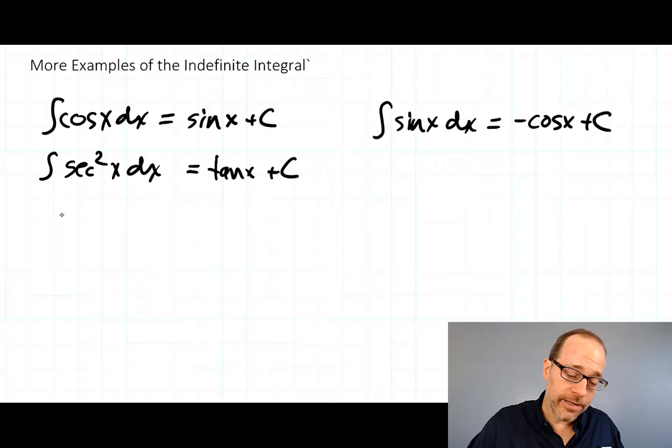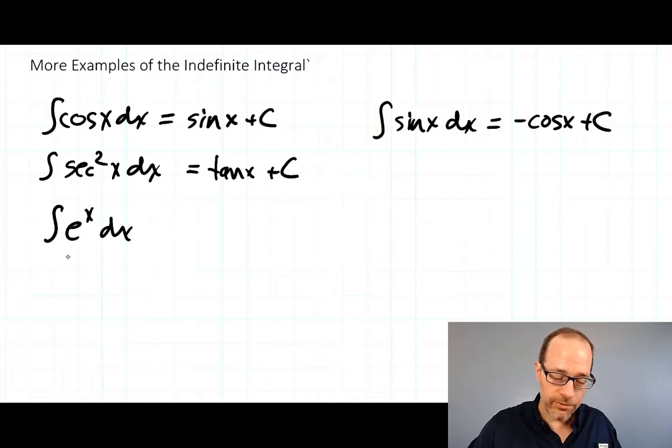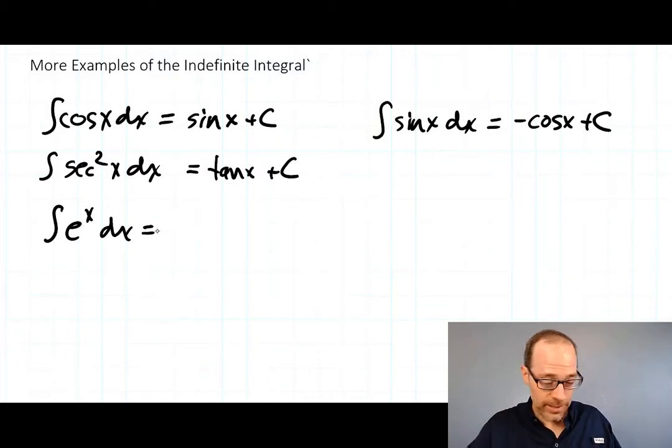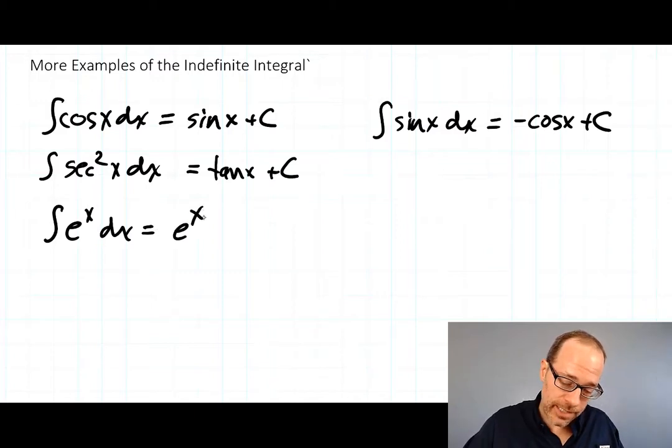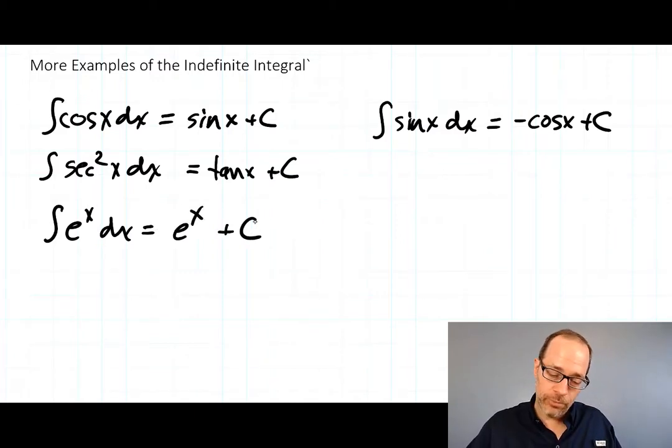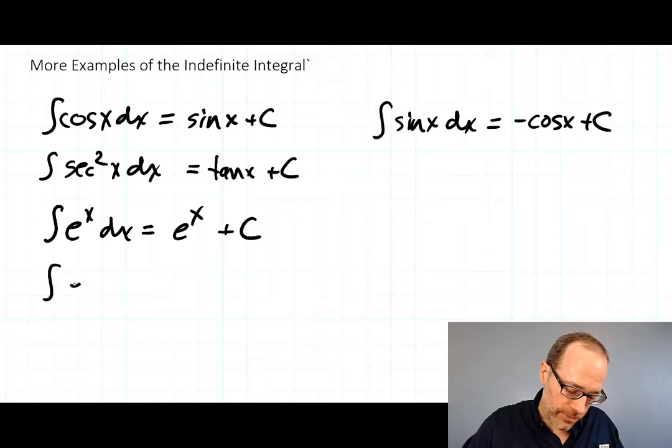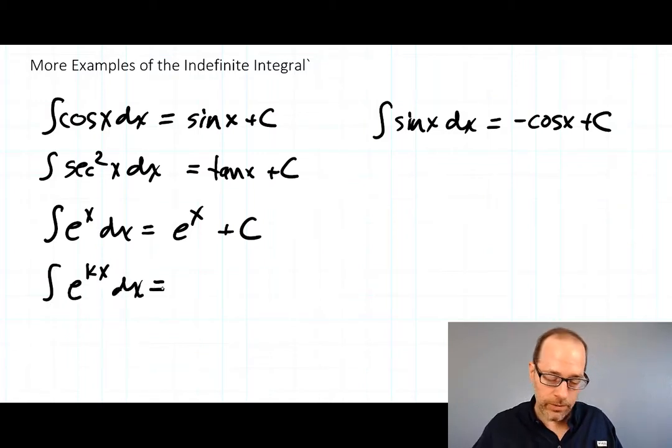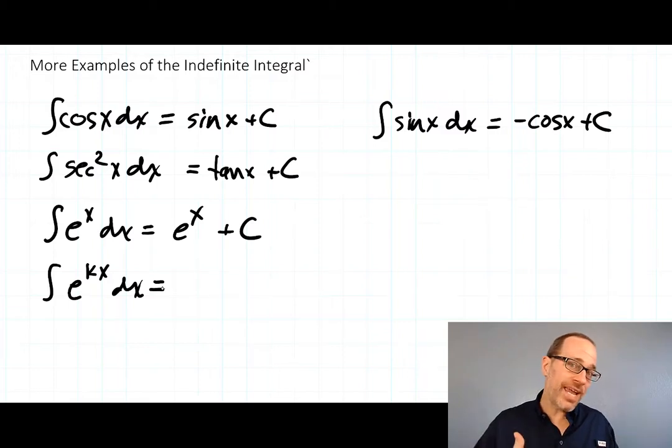We know things like the derivative of e to the x is e to the x. So here I'm looking for an antiderivative for e to the x. Well, who has derivative e to the x? Well, it's e to the x. All right. More generally, what happens if I have e to the kx? Well, who has derivative e to the kx?